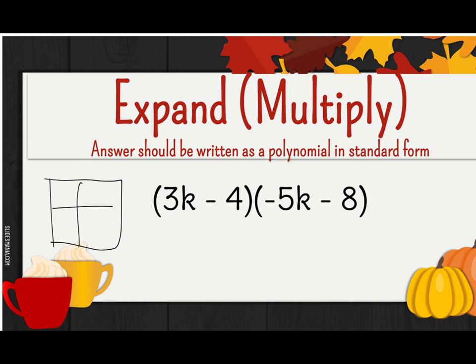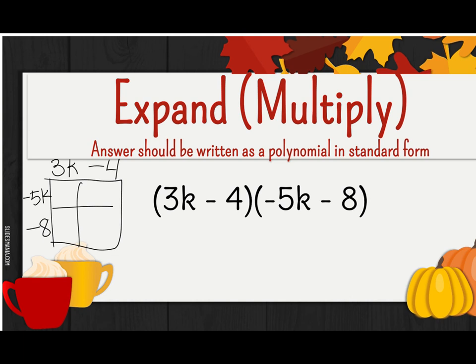So you would have 3k and negative 4, and you would have negative 5k and negative 8. And we could go ahead and multiply where each of those values come together, and you would still end up always adding up on those diagonals.